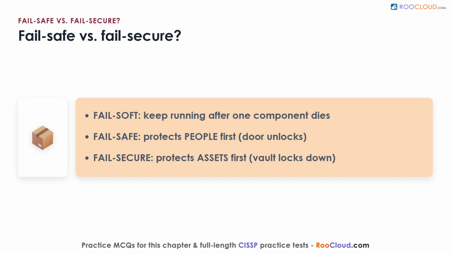Fail-safe protects people first. A fail-safe door unlocks in an emergency so everyone can escape. Fail-secure protects assets first. A fail-secure vault door locks itself down when an alarm trips, even if that inconveniences whoever is nearby. One saves lives, the other saves valuables.